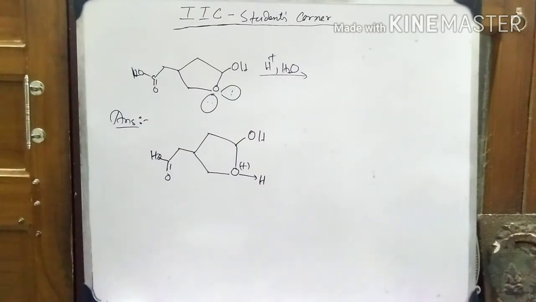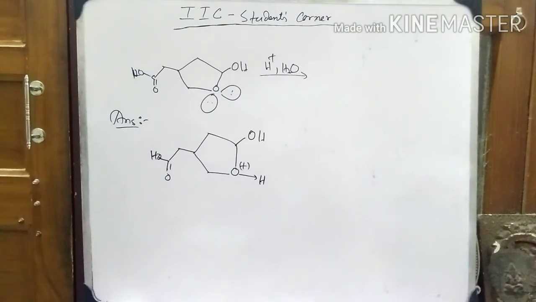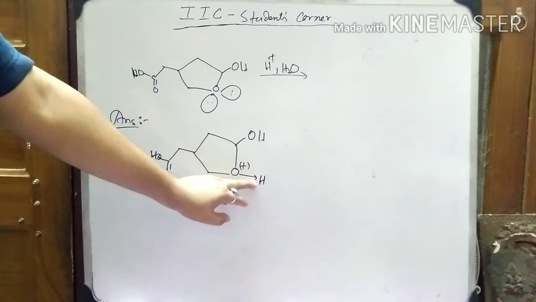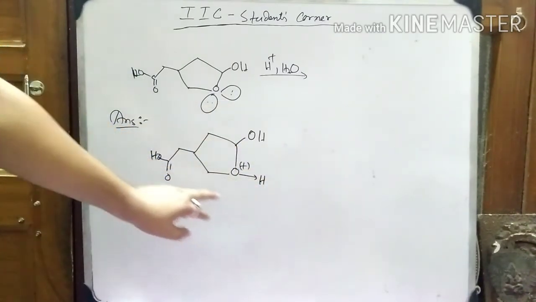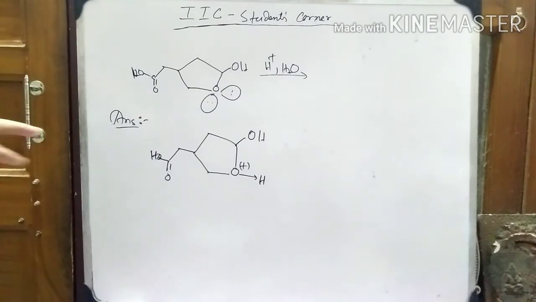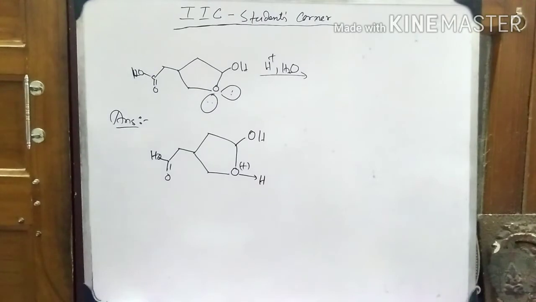Why is it happening? Because H plus is always an atom devoid of one electron, so it is getting an electron from this oxygen, and the other electron is not towards hydrogen to that extent. So this coordinate bond formation is just like a single bond between oxygen and hydrogen.